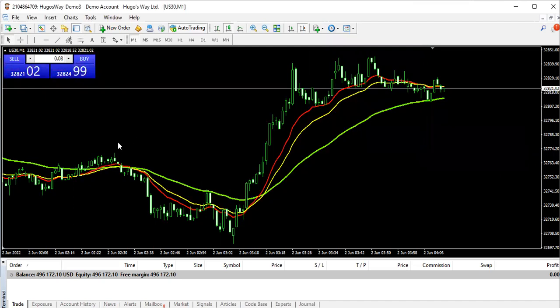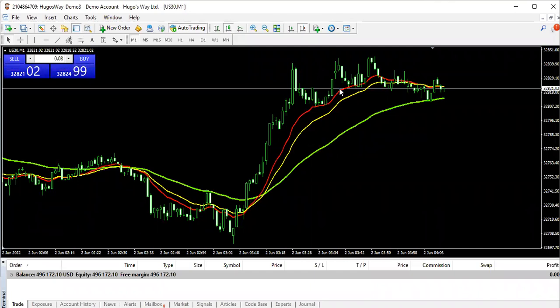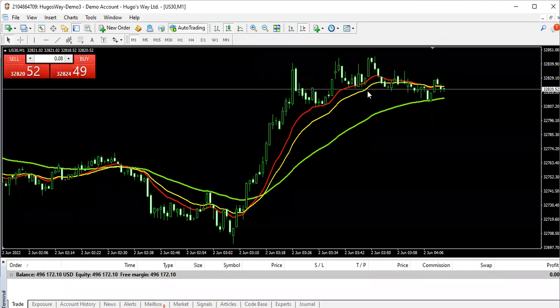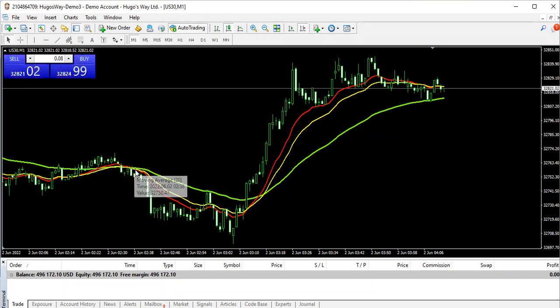What's important to remember with these is your red line. If your red is on the bottom, you're looking for sells. If your red is on the top, you are looking for buys. Guys, you can trade with this alone. Especially when the red crosses the yellow going down, you're looking for a sell.